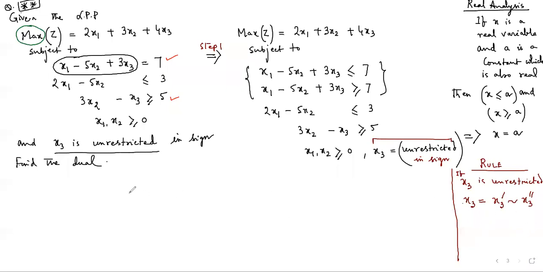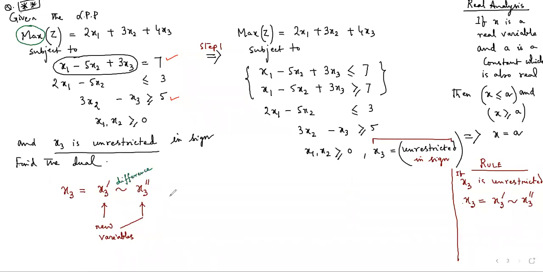I do not have space over here, so I'm writing in this place. x3 as x3 prime difference x3 double prime. Two new variables we have introduced over here. They are all new variables. This symbol is called the difference symbol.